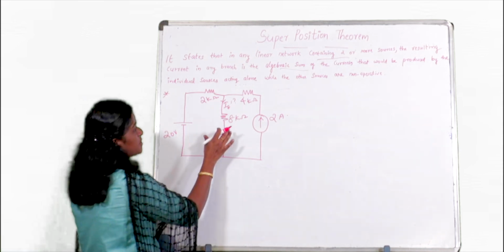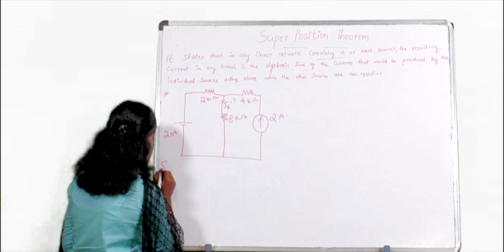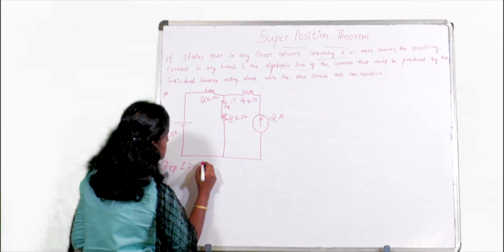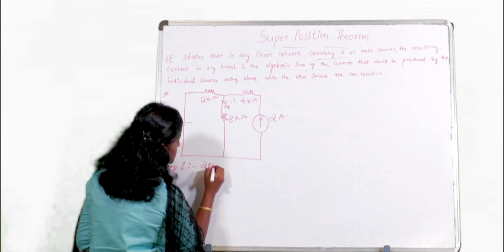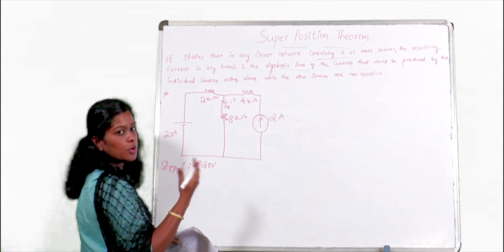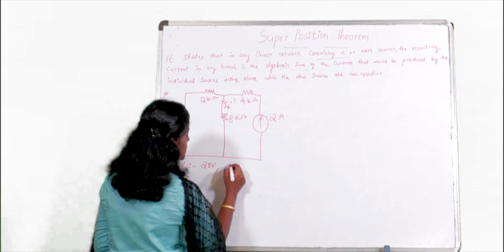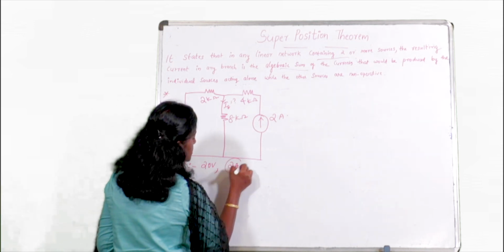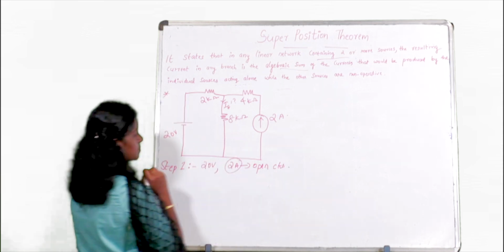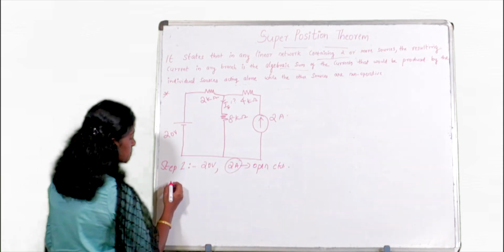So here we know step 1. Step 1 is we will consider the 20 volt source. So at that time, this is a current source, so we need to open circuit it. So this 2 ampere current source we will open circuit. So again I am going to redraw the circuit.